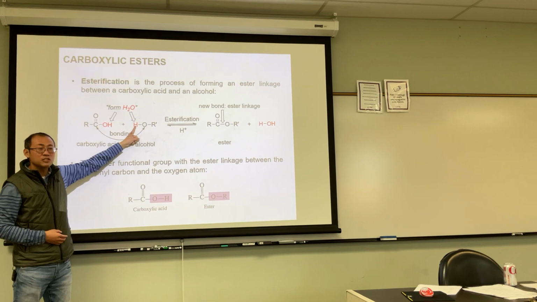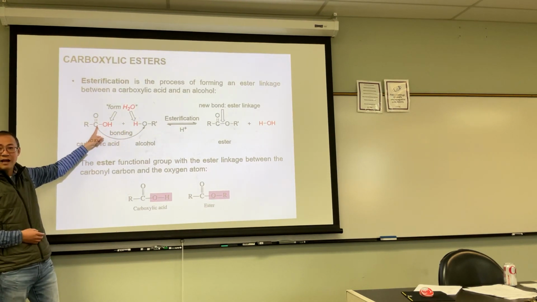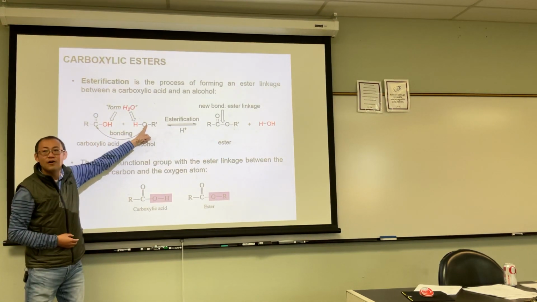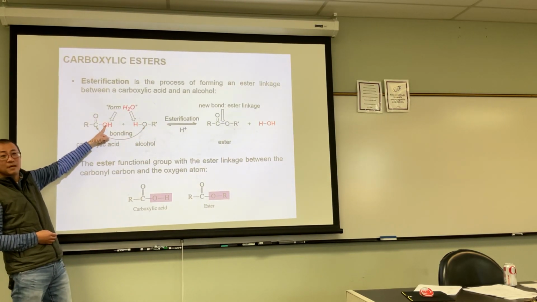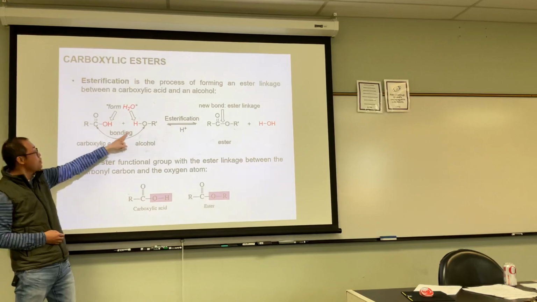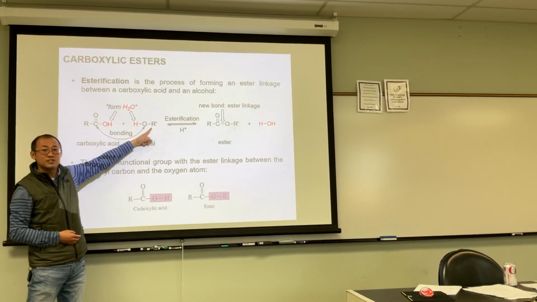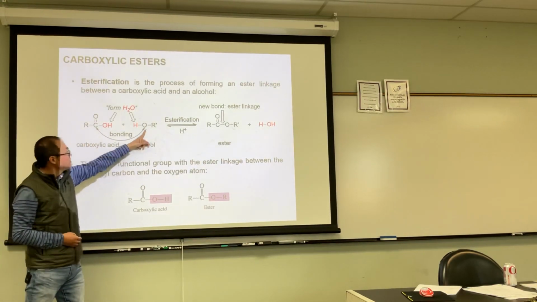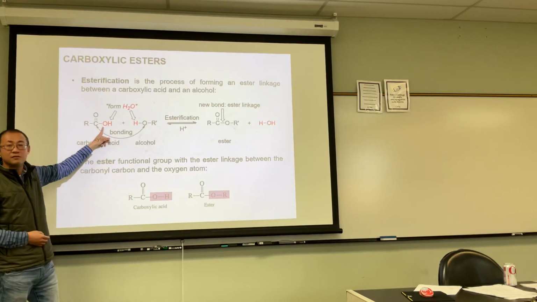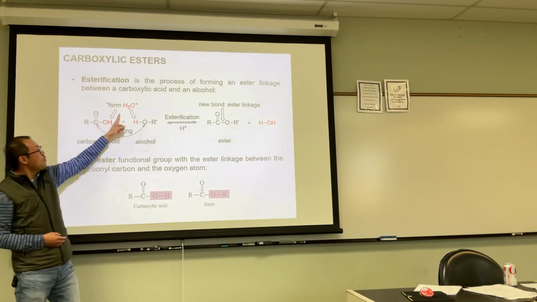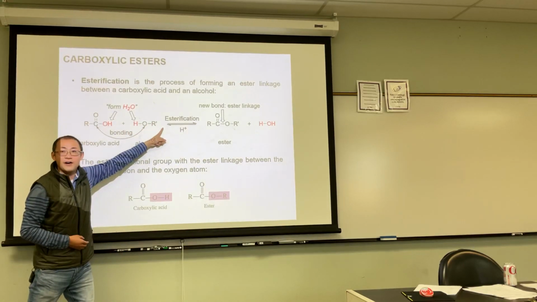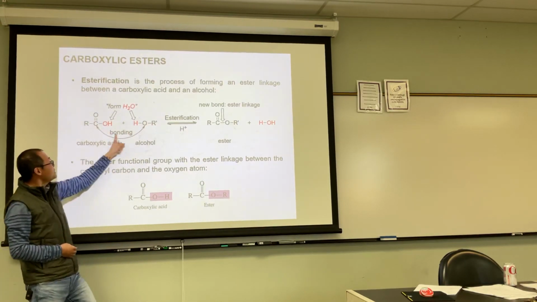You make a bond between the C and the O. Of course, you remove the OH, you need to put something back to it. You remove the H, you need to put something back to the O. So these two now bond together. So what do we have? COOR. Do you guys see that? Because they're bonded together.